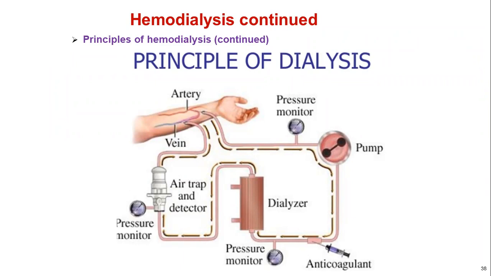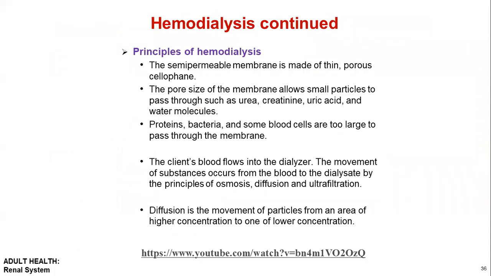So here we go, next. The pore size of the membrane allows small particles to pass through, such as urea, creatinine, uric acid, and waste molecules. So these are the waste products. We do not need them.